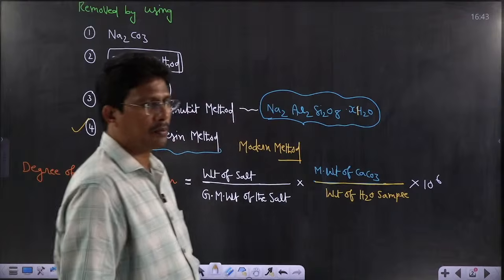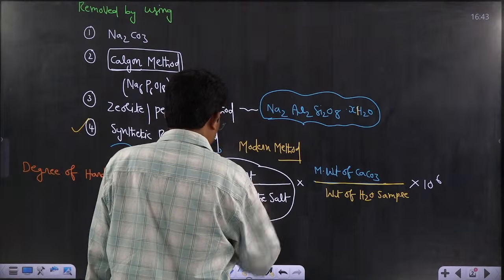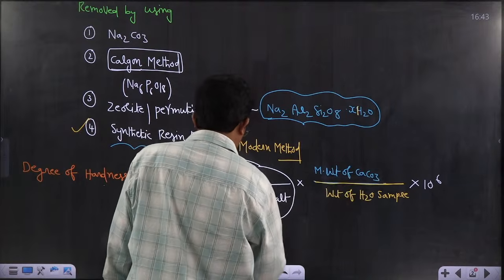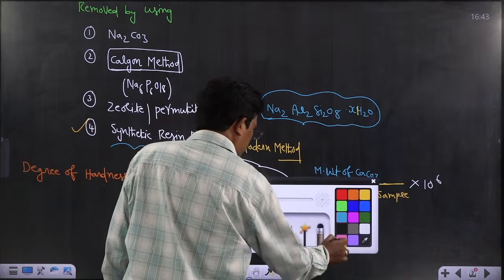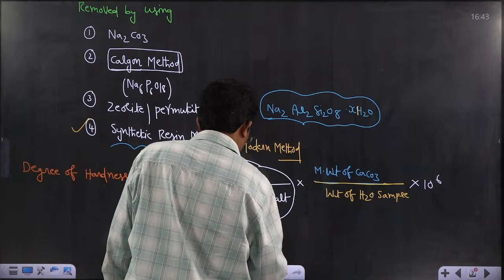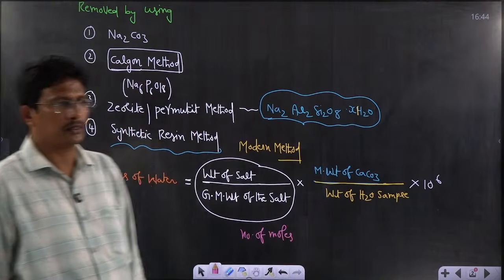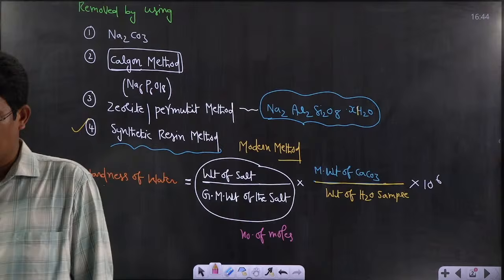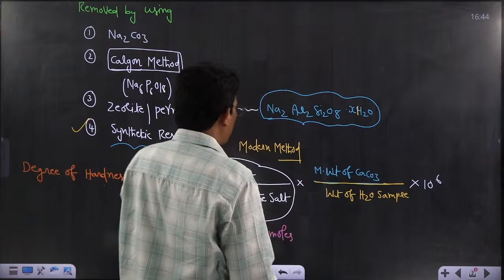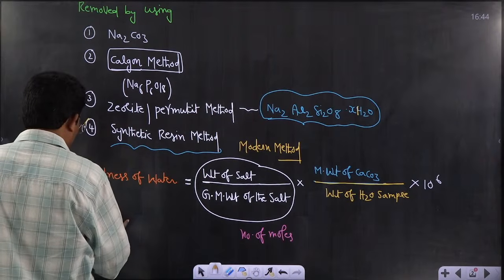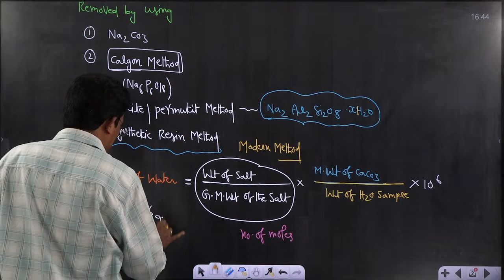Instead of weight by molecular weight, the number of moles of the salt is also used. Ten power 6 is nothing but the 1 ppm value. 1 ppm equals 1 part per million, that is 1 gram of calcium carbonate per 10 power 6 grams.